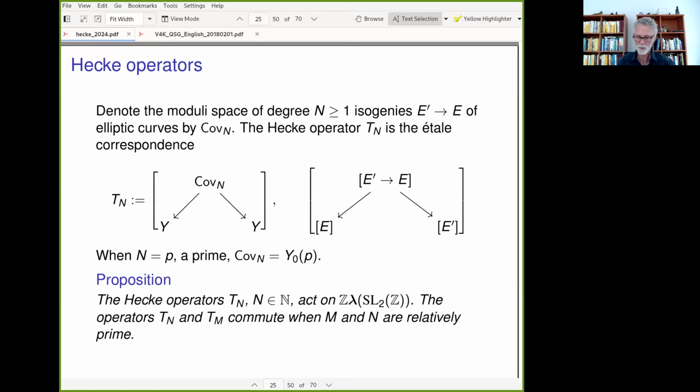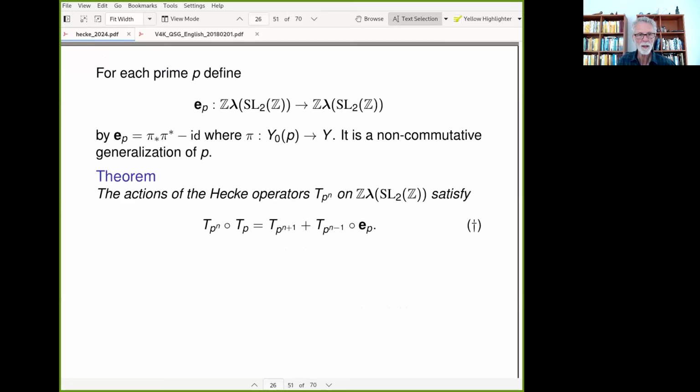Boy, I'm running out of time here. So, right. The Hecke operators act on the free abelian group generated by the conjugacy classes of SL2Z. Tn and Tm commute when m and n are relatively prime.